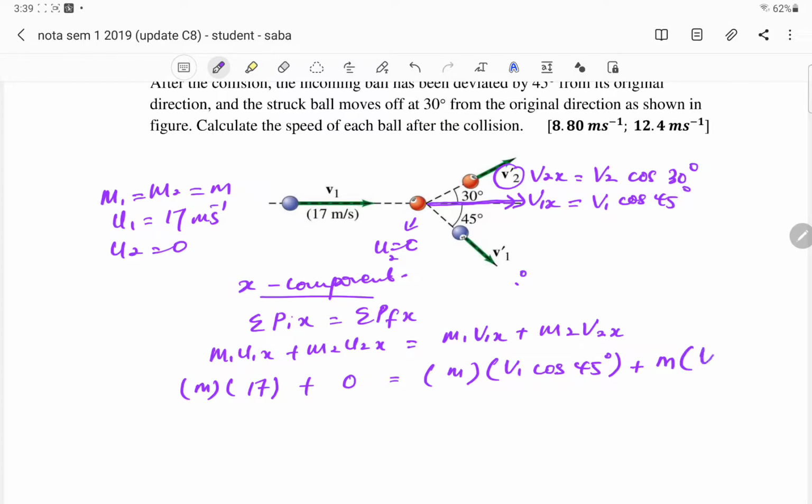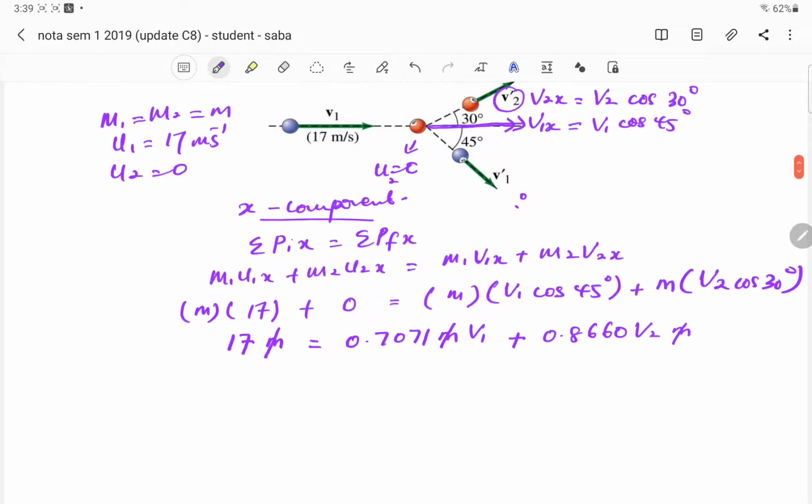So insert cos 30 degree. So 17 m equal to 0.7071 m v1 plus 0.8660 v2 m. So you can cancel off all the m. So you get 17 equal to 0.7071 v1 plus 0.8660 v2. So this is equation number 1.